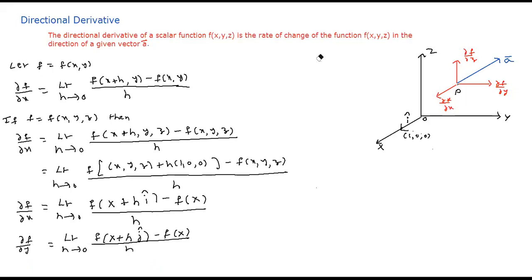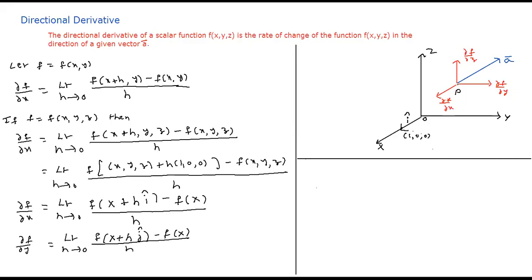So dou f by dou z, as discussed now, limit h tending to 0, f of X plus h k cap minus f of X by h.